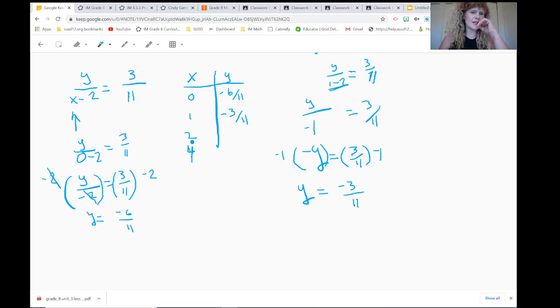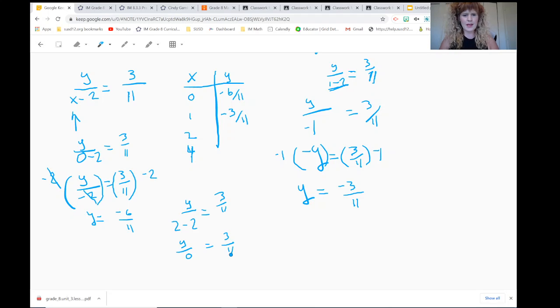Okay, what about when x equals 2? I'm going to get a denominator equal to 0. Well, what does that tell me? Y over 2 minus 2 equals 3 over 11. 2 minus 2 is 0, so I get y divided by 0 equals 3 over 11.